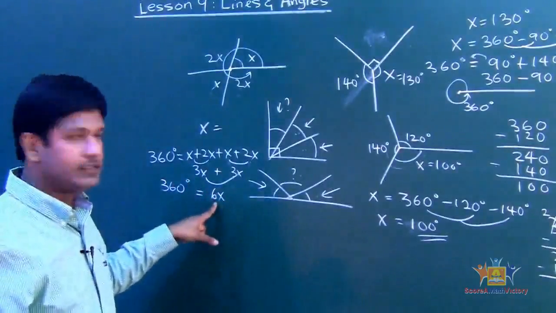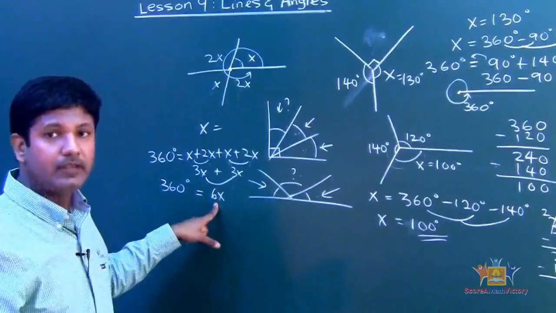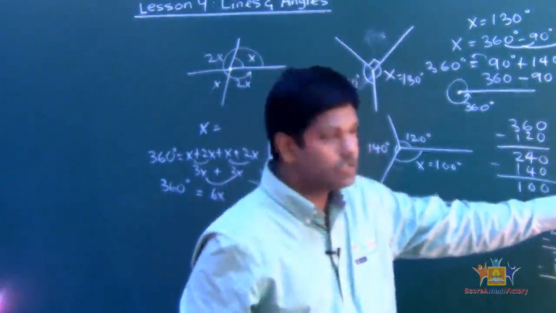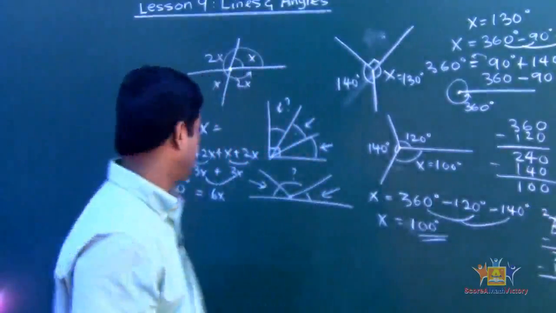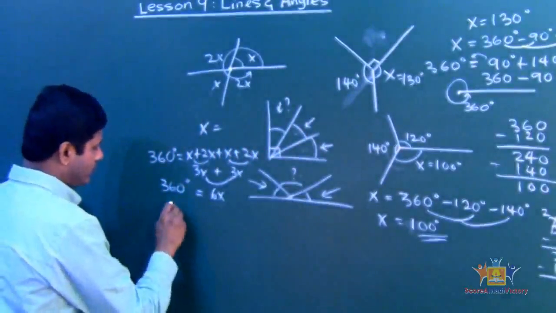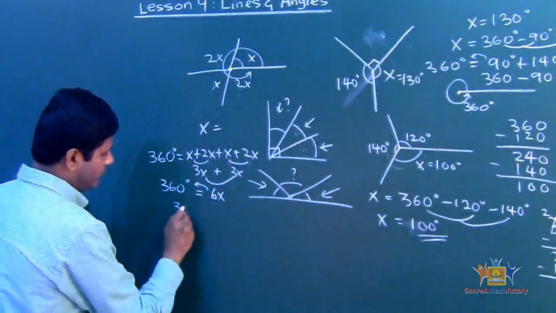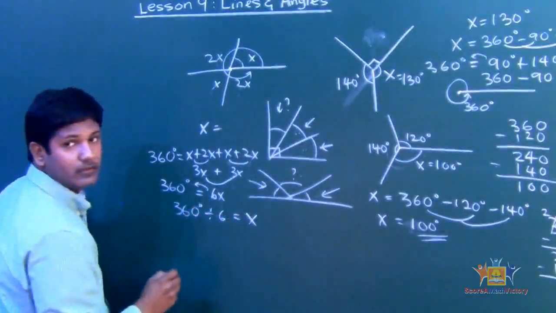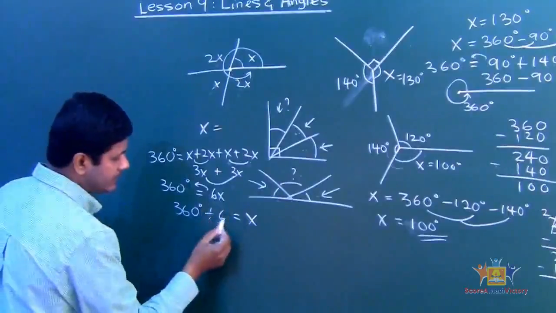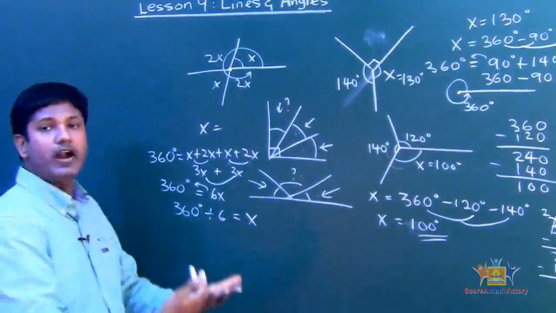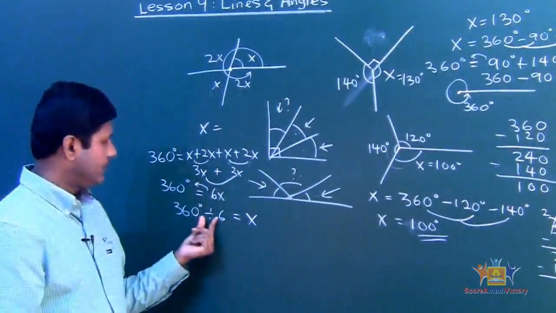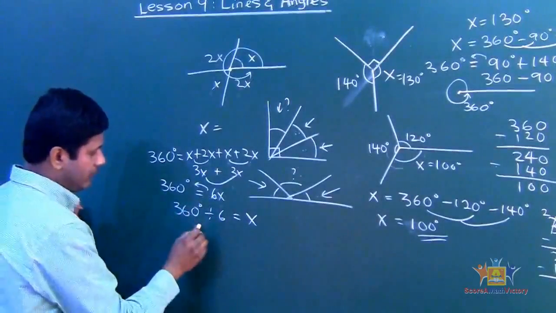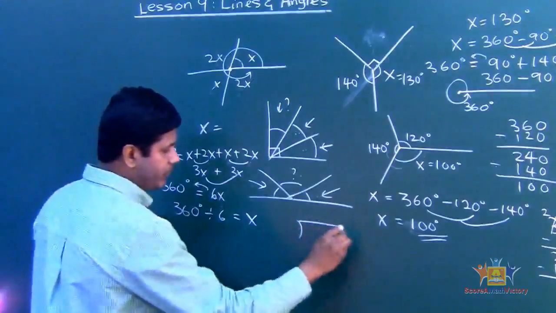Who got to go? 6. And what's 6 doing to x? It's multiplying. Multiplication across the bridge is division. Okay, so I'm going to bring the 6 across the bridge. So we got 360 divided by 6, which is x. Remember that 6 is the one dividing. So we use the long division, we use the cage approach.